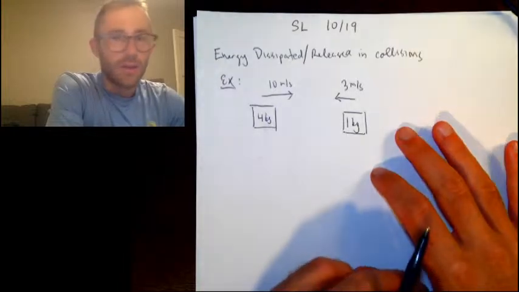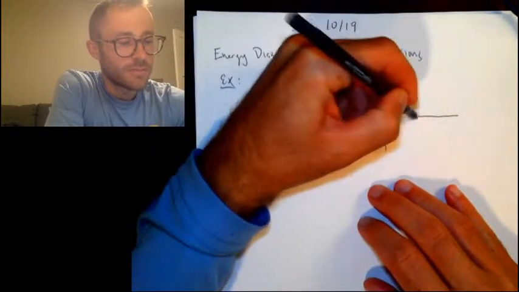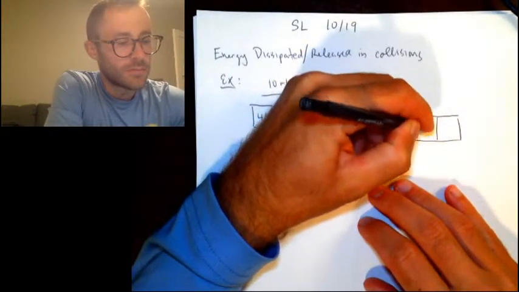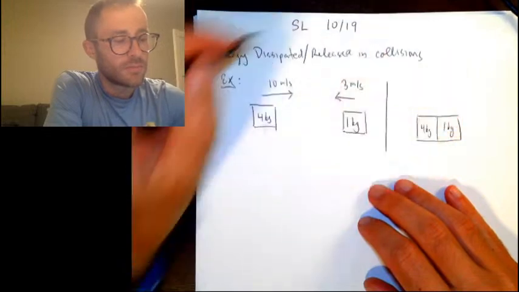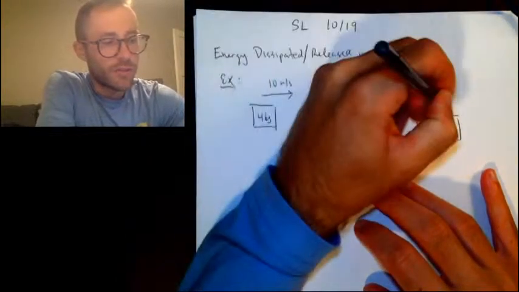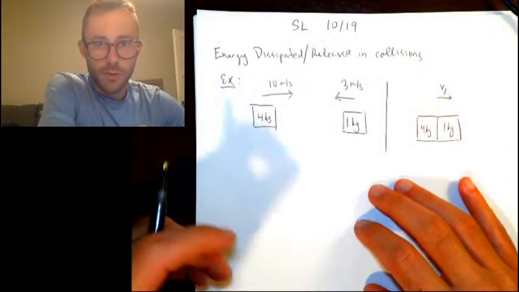Okay? They collide and they stick together. And so let's go ahead and get the final velocity first, and then we'll get to sort of the main focus of this problem.